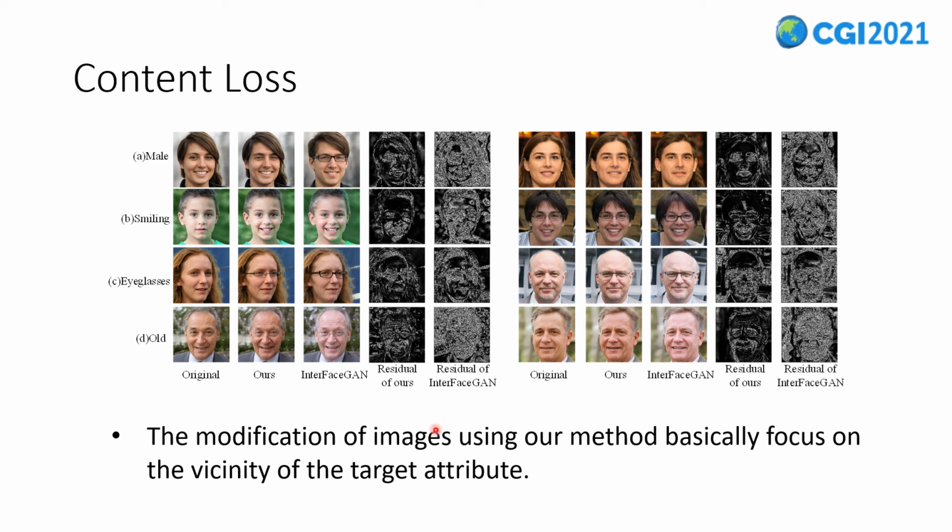From the figure, our method basically focuses on the area of target attributes. For example, when we edit smiling, it mainly changes the area of the mouth. When we change the age, it mainly adds some wrinkles.